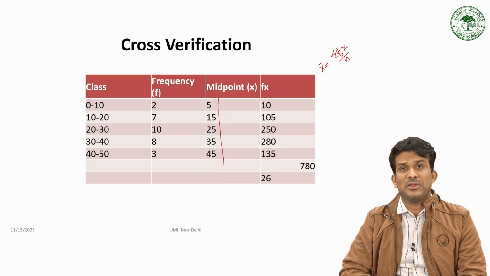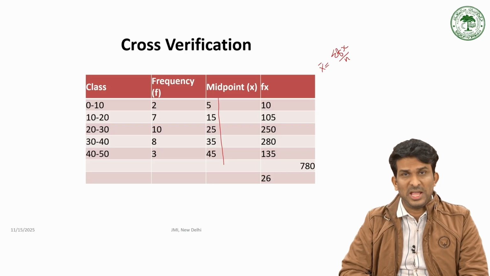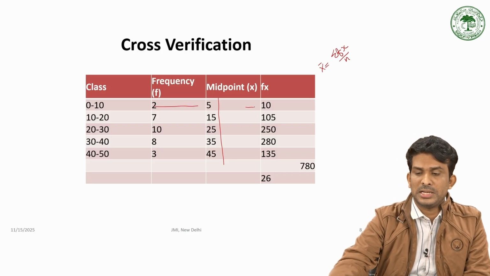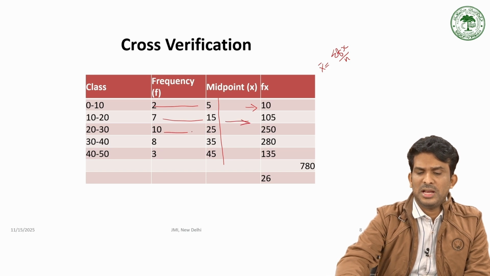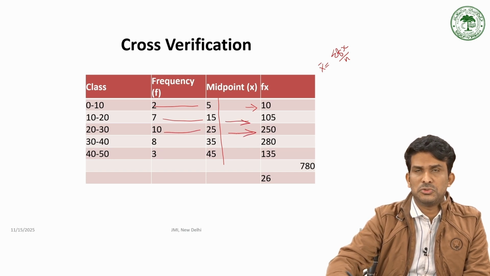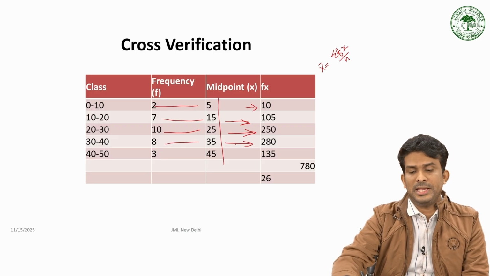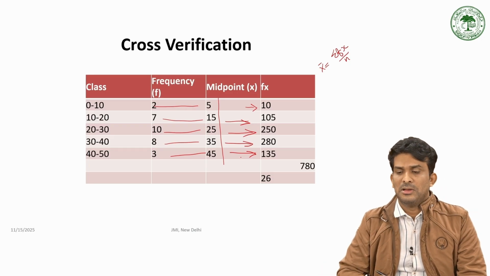A product of frequency and midpoint you have to take for each class: 5 into 5 is 25... 5 into 2 you got 10, 7 into 15 you got 105, 10 into 25 leads to 250, 8 into 35 is 280, and 3 into 45 is 135.